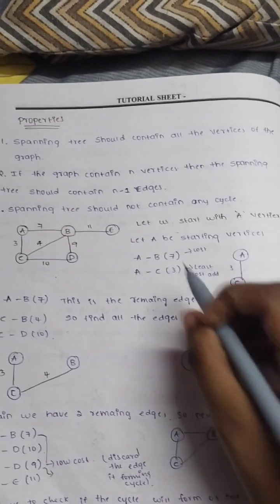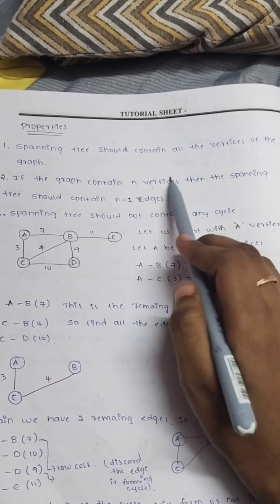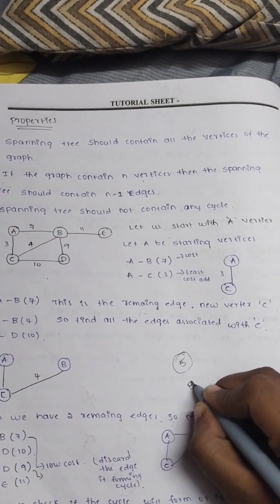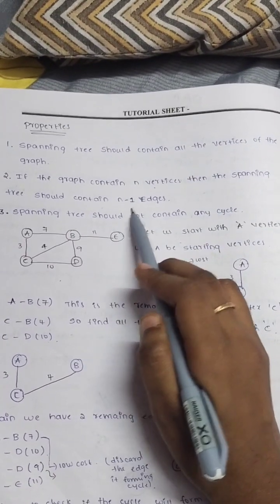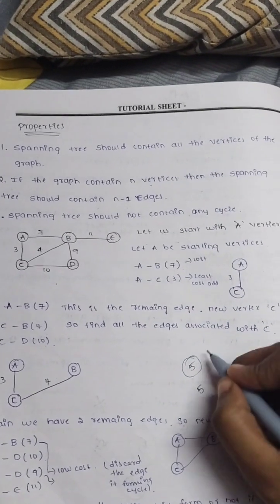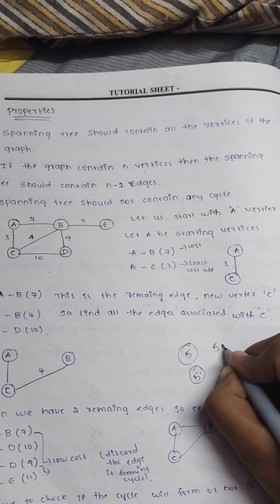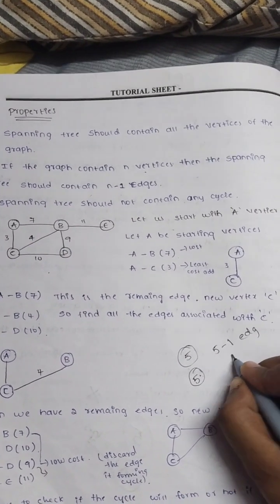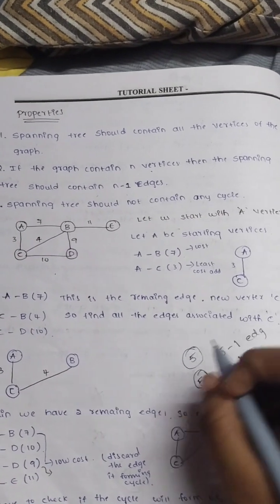If the graph contains n vertices, here 5 vertices, then the spanning tree should contain n minus 1 edges, that is 5 minus 1, which is 4 edges.